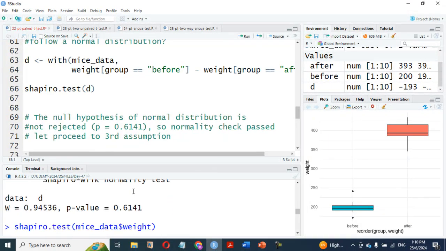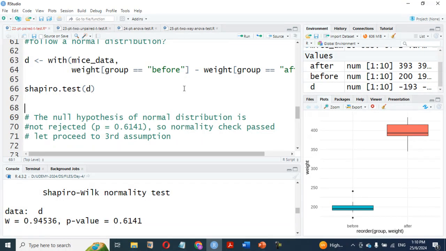Now looking at this, our result shows a p-value equal to 0.6141, which meets the condition for normality. It shows that our normality assumption is met with the Shapiro test.